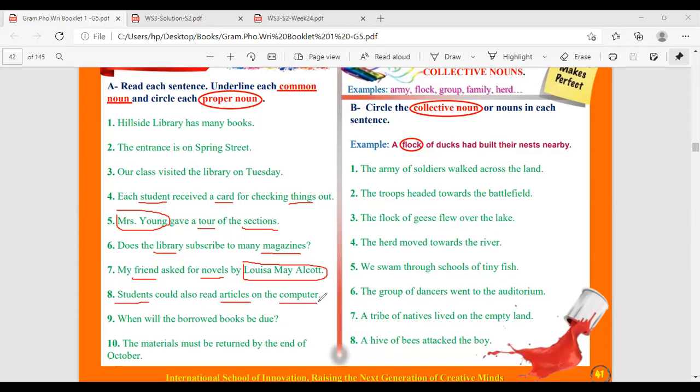Muhammad Bustani, quickly. Number 9: The board books be due. Borrowed, is it a noun? Is it a name?